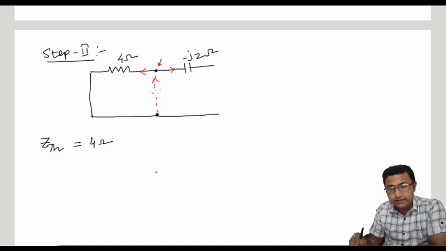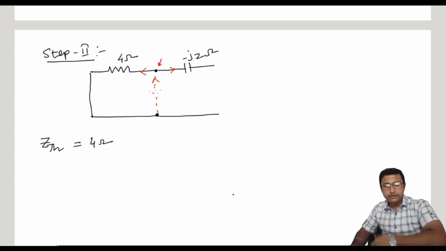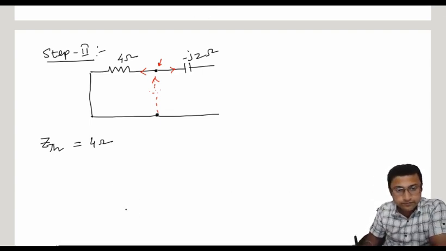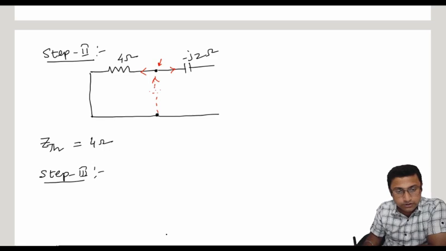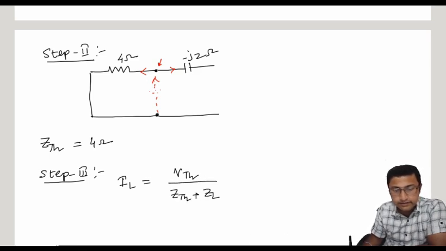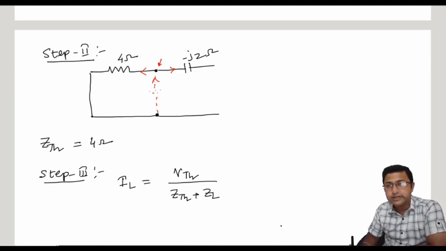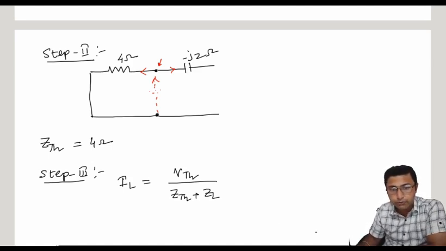Okay, clear? The next thing is to find the current through the load impedance terminal, that means the j5 ohm terminal. Step 3: the formula is exactly similar, that is IL equals VTH divided by ZTH plus ZL. ZTH is 4 ohm, VTH is calculated as 13 at an angle 0 volt, and ZL is given as j5 ohm. Now put in the values.